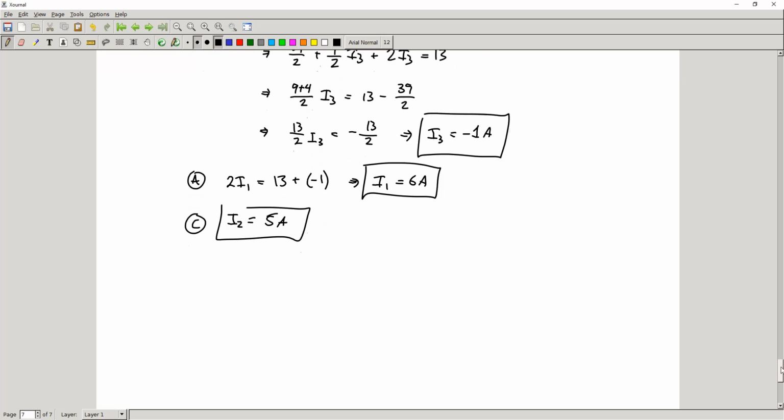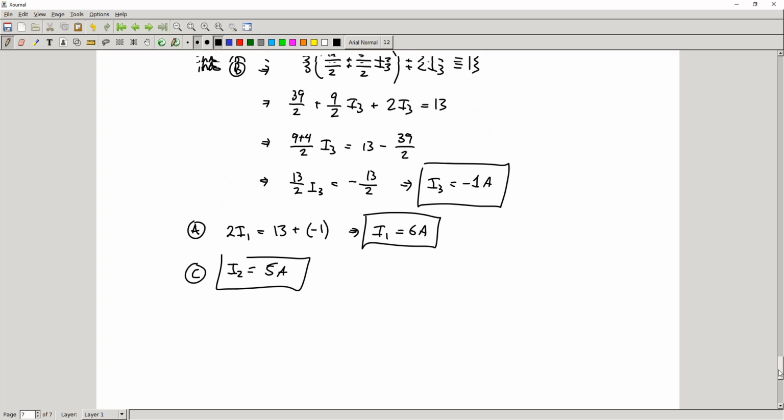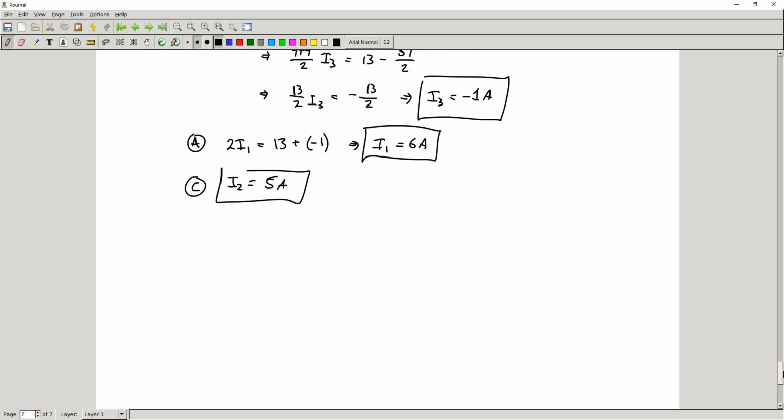The second part of the question asks us what the equivalent resistance is for this setup, right? And so we need to know what the current flow and the potential difference are, right? Because really what we want to do is use V equals IR here. We need to find R, so we're going to rearrange this.